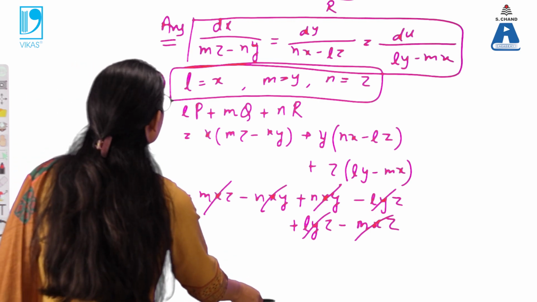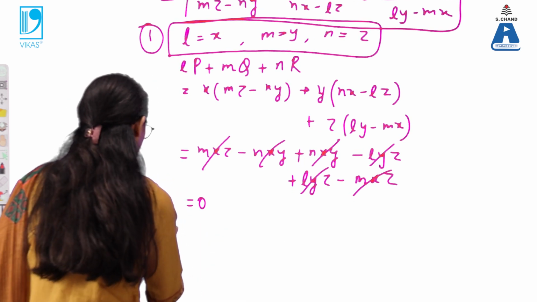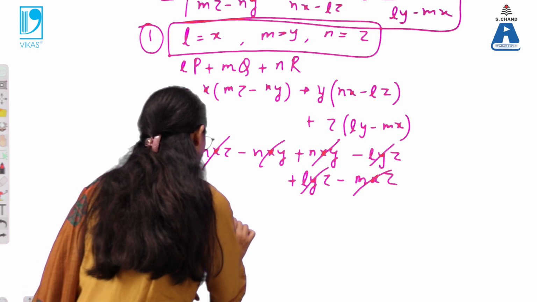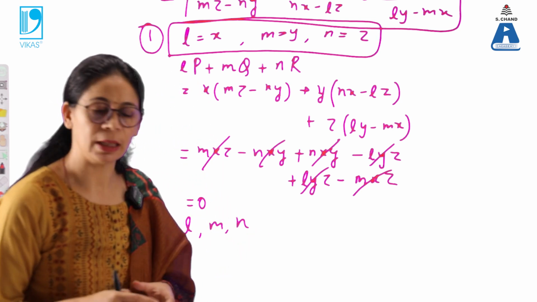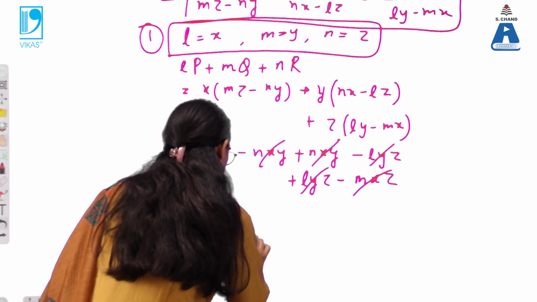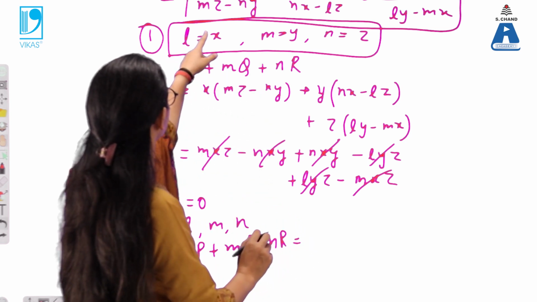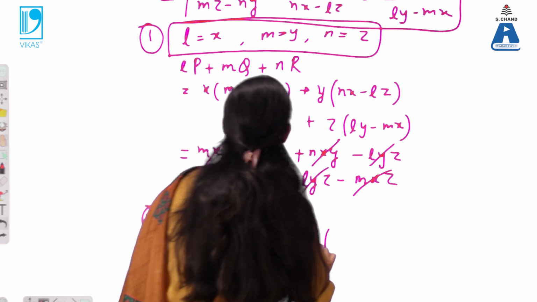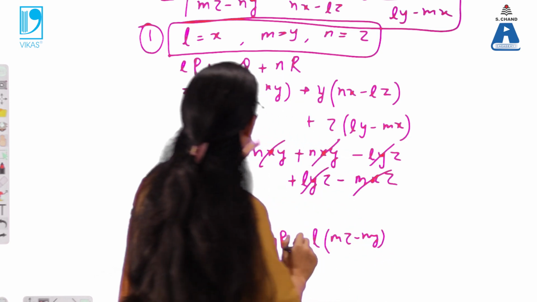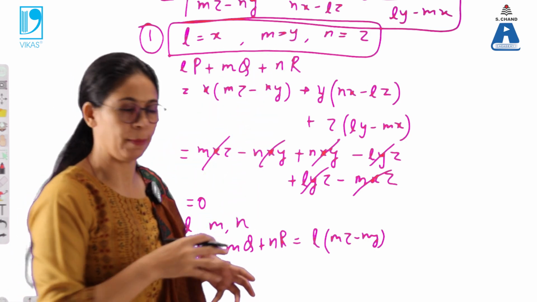So let us see what the other set of multipliers is. If we take l, m and n as they are as multipliers, let us see Lp plus Mq plus Nr. This equals l into mz minus ny, because l, m, n are involved in this denominator, therefore we are using that l, m, n.